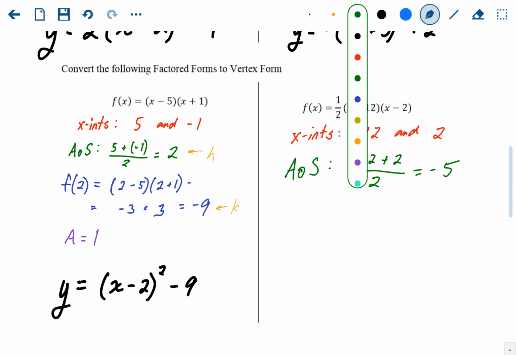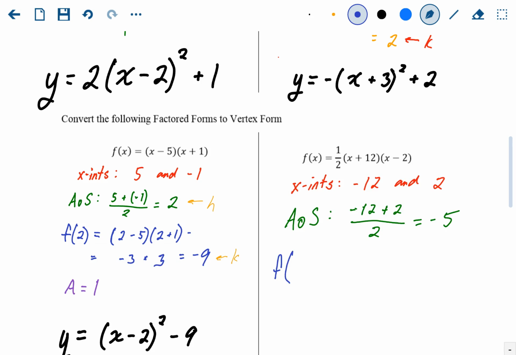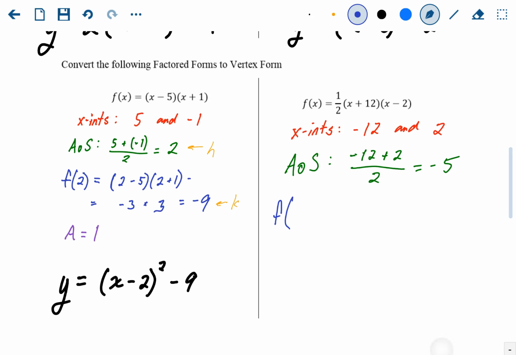Plug it in. So plug in negative 5 for x. Bring it 1/2 times negative 5 plus 12 times negative 5 minus 2.